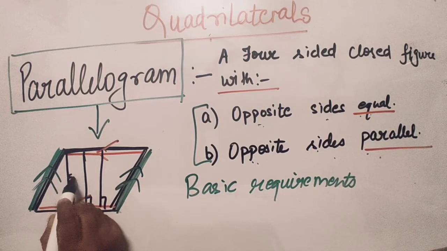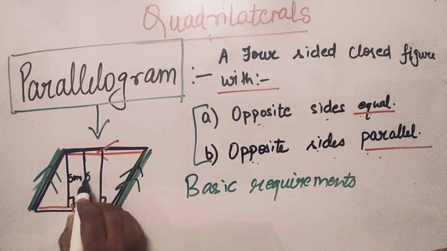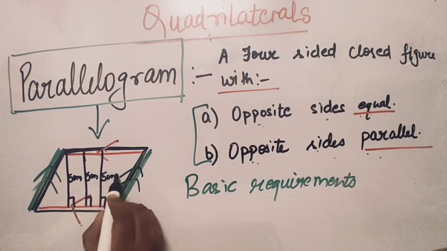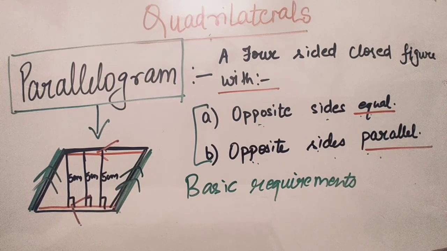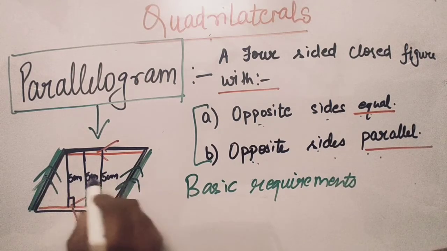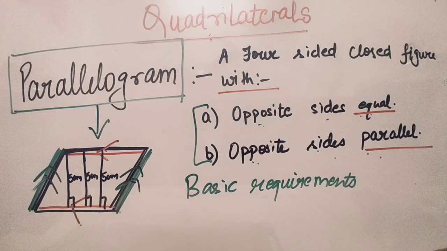If it is 5 centimeters here, from this point also it has to be 5 centimeters, and from this point also 5 centimeters, right? And the distance between these two sides also has to be the same at all the points. So we can say the lines are parallel, right?